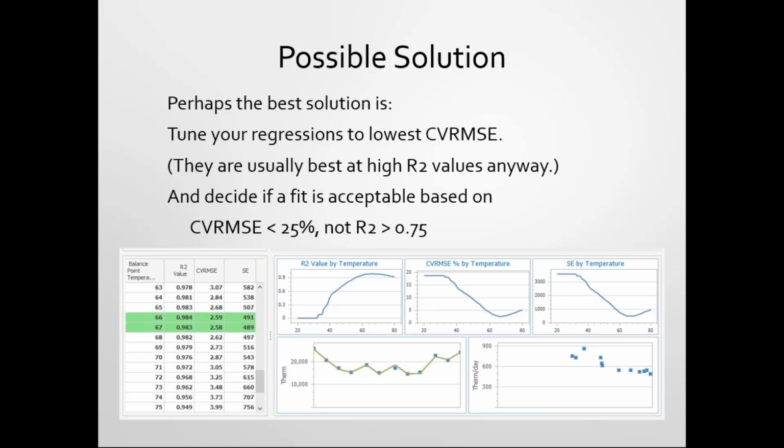But the one place where you might have done things differently is when you had an R squared that was low, in the past you might have bill matched it. And now instead, I'm saying maybe you could let it go and actually take a low R squared tuning, as long as the CVRMSE is low, okay? So that's it.